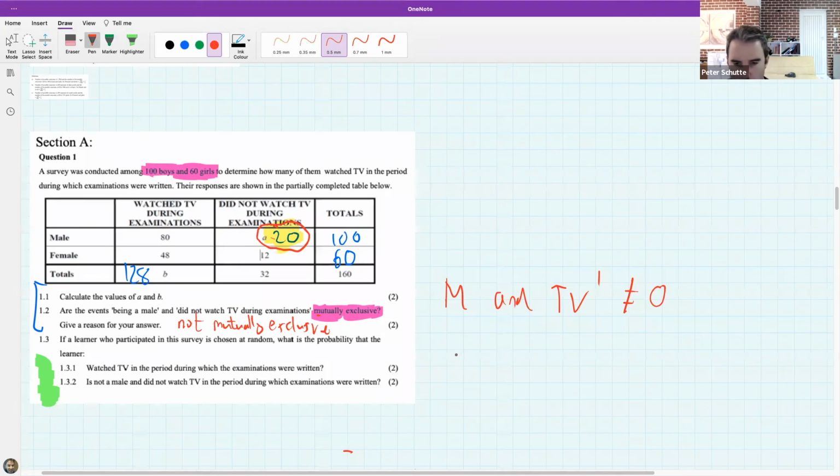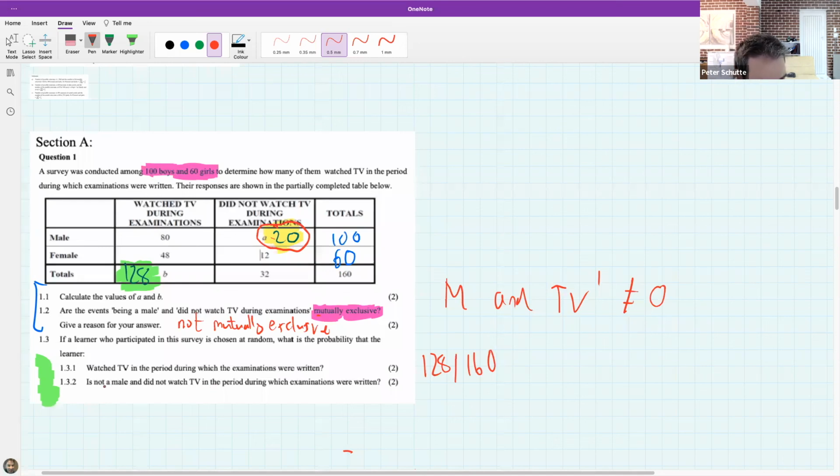Okay, so what I'm seeing in the answers is you've all figured out that the correct number is 128. They watch TV during examinations, and so the probability would just be 128 out of 160. Yeah, 128 out of 160.